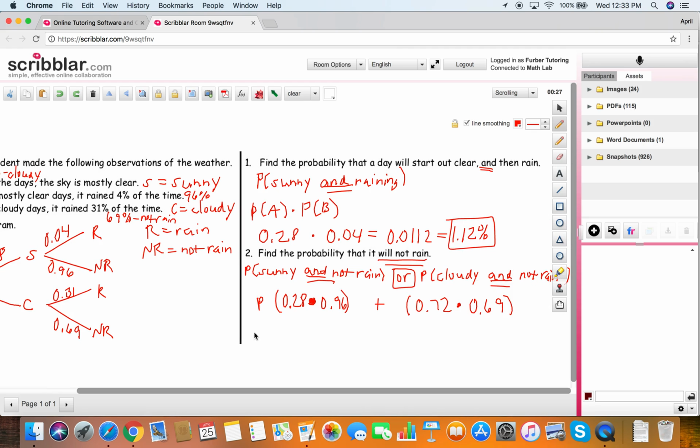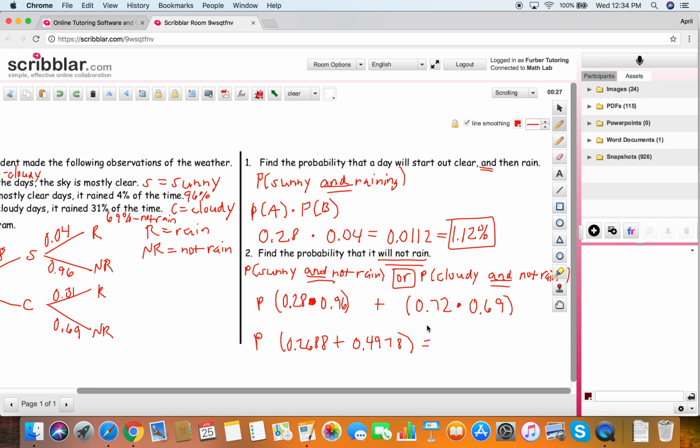So to find the probability of it not raining, I have to find the probability of it being sunny and not raining, plus the probability that it's going to be cloudy and not raining. So if I multiply these two together, I get 0.2688. And if I multiply these together, I get 0.4978.